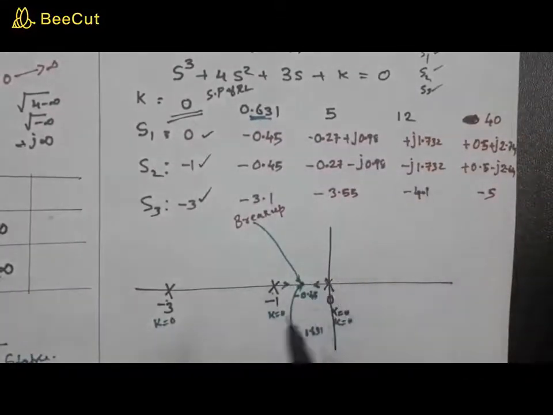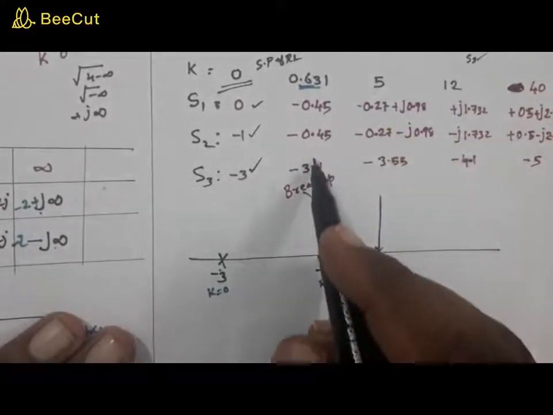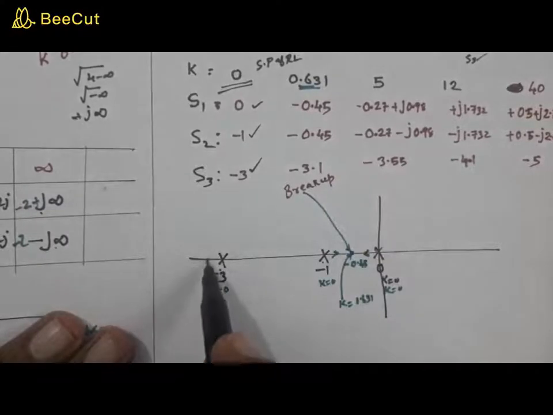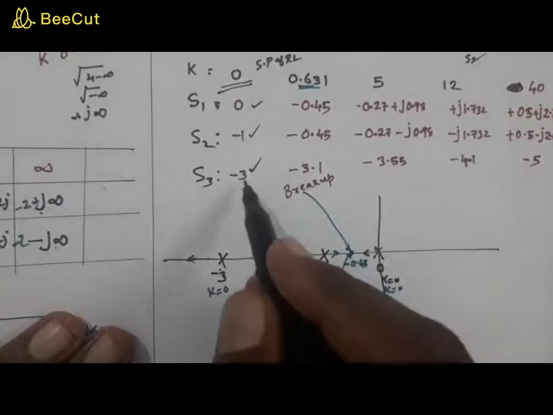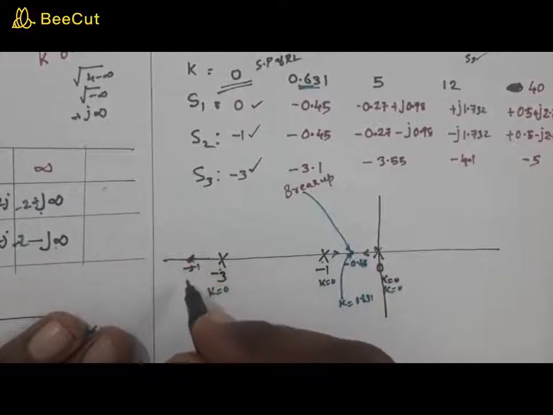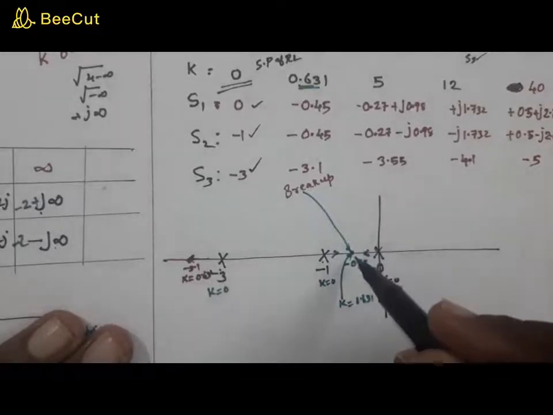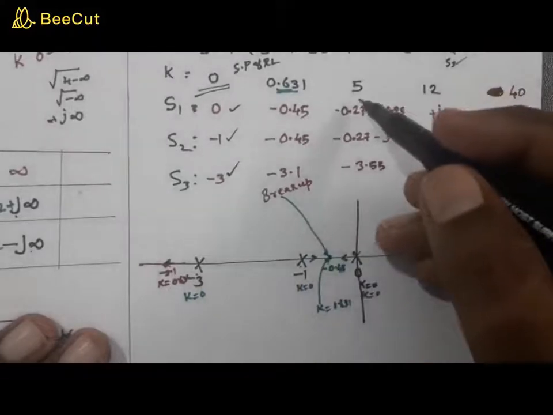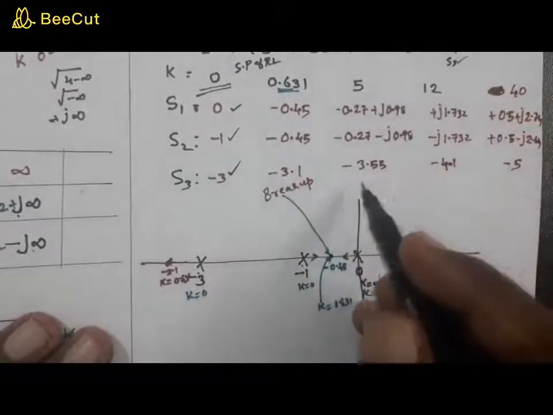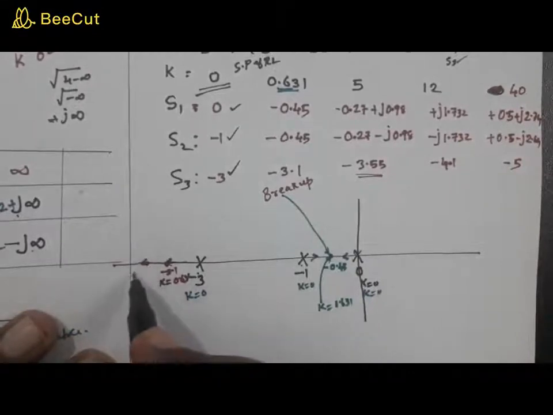At k equal to 5, what happens? Remember at 0.631, what's the value of S3? S3 is moving towards this side. This is minus 3, the next one is minus 3.1, and that is the value at k is equal to 0.631. Now at k equal to 5, S3 moves further along the real axis in the negative direction, to minus 3.55.